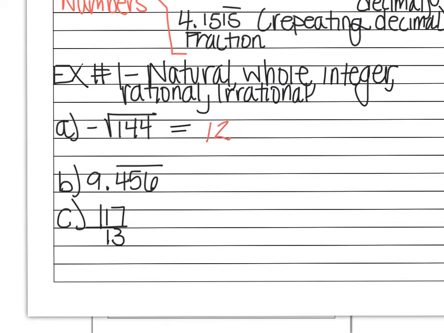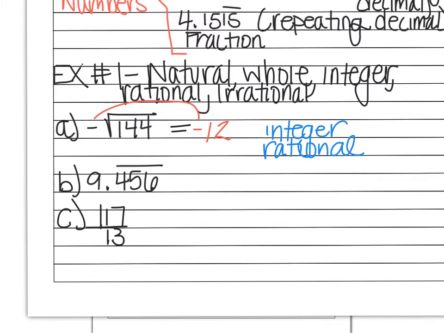So we know that 12 is, and then you'd have a negative because you'd have to bring the negative over here. So negative 12, so negative 12 is an integer, and it is rational. Okay, because rational numbers are always whole numbers and natural numbers as well.